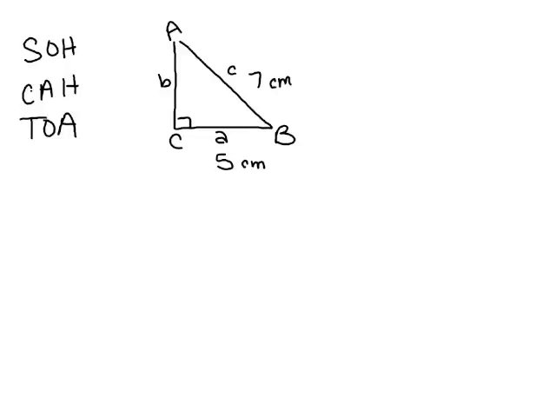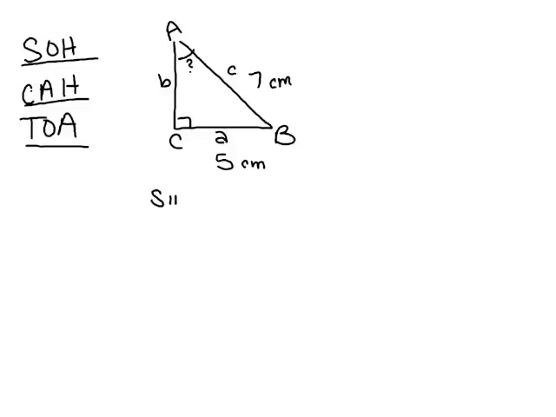And I need to find out what my angle A measures. That's what we're looking for right here. Angle A. So which of these 3 ratios should I choose? I'm trying to find angle A, and I know the side opposite, and I know the hypotenuse. So opposite and hypotenuse are sine.